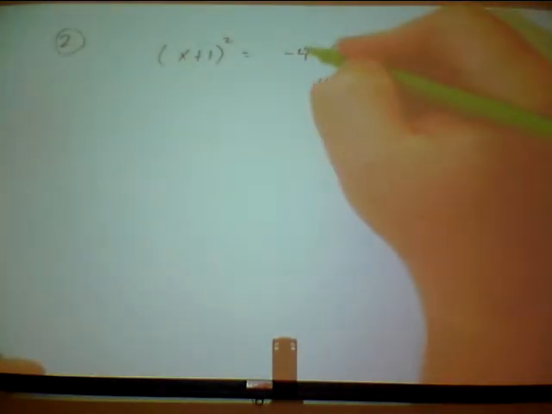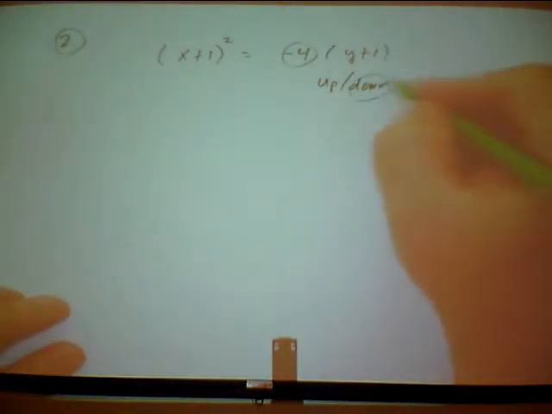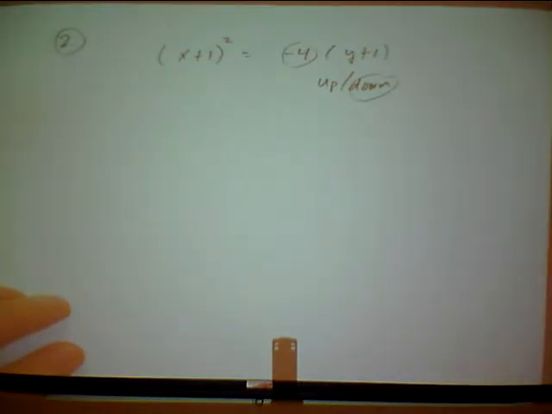Now I go look at my coefficient here, and since it's a negative coefficient, it's going to cause me to have a parabola that opens down. It's going to look like this when I get ready to graph it. It's going to open down. So now let's find the vertex, right?